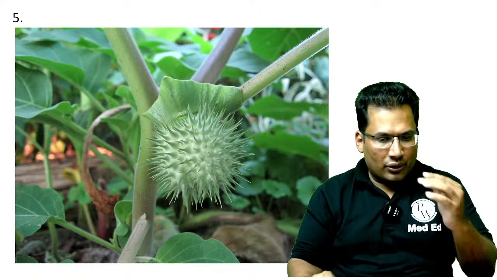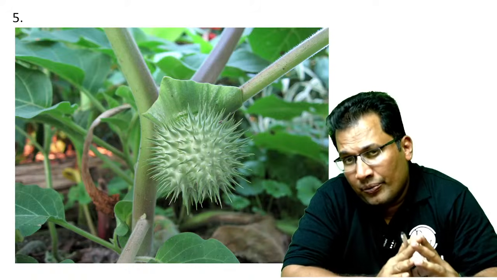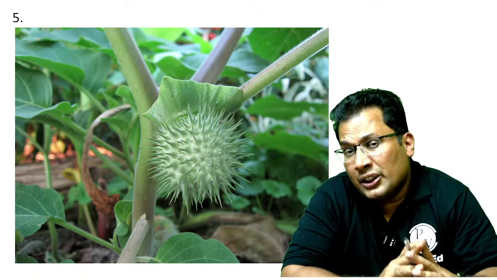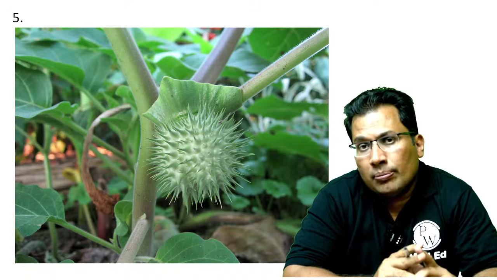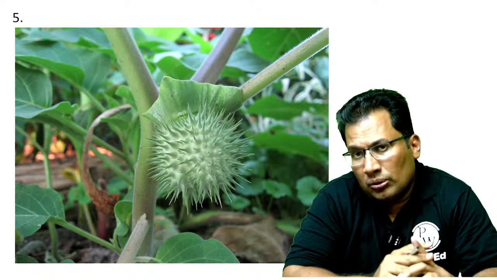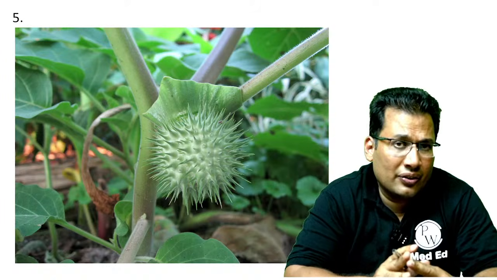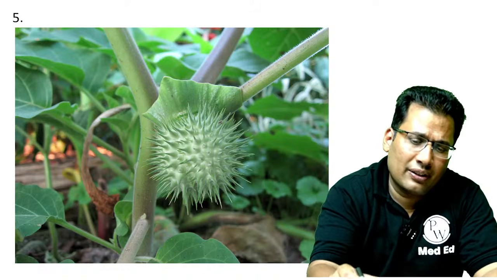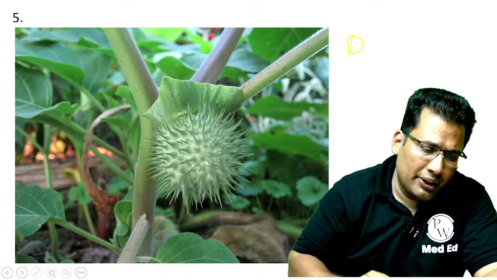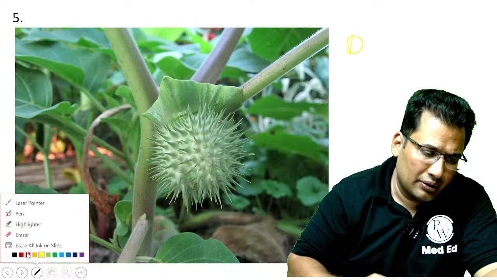Here is a case of poisoning. A patient came with a history of anticholinergic manifestations. Delirium, dryness, dilatation. Basically delirium is there. The patient is totally deliriant.